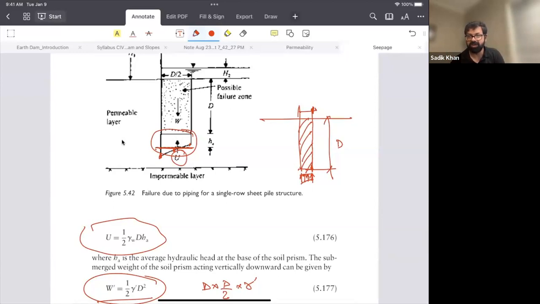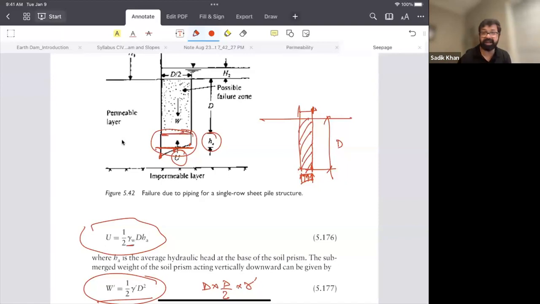You'll have a small difference if you do the weighted average method, or you can just do the normal average. You find all the numbers and just average them. So you get an H_A, which is the pressure coming from the water, and then multiply with gamma W and D. This is your head.